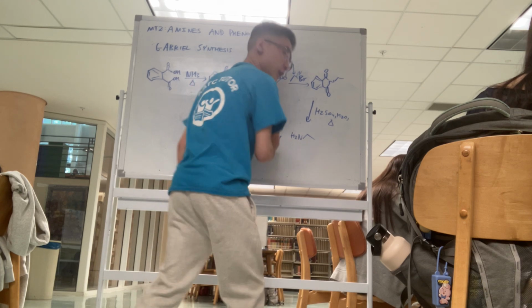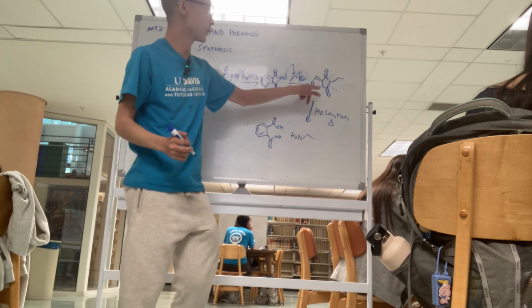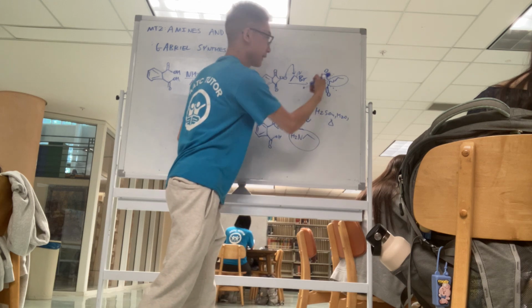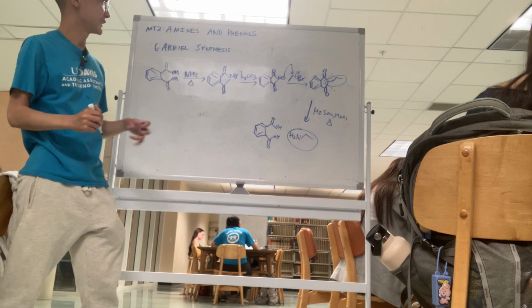And all we did here was make a cut between the carbonyl carbon and the amine, where this part is the amine part, and that part is the carboxylic acid part right there. Right. So that's Gabriel synthesis.